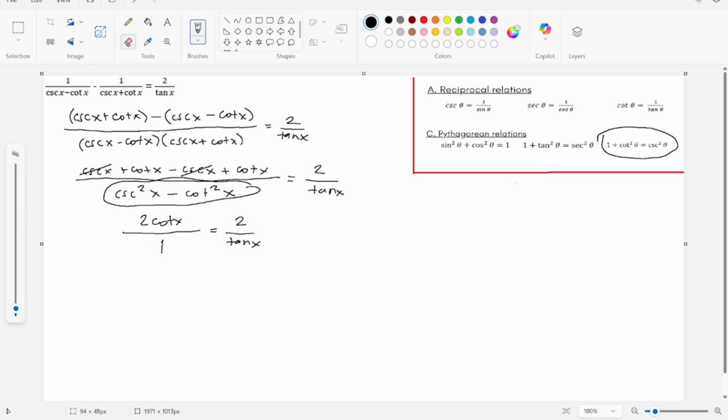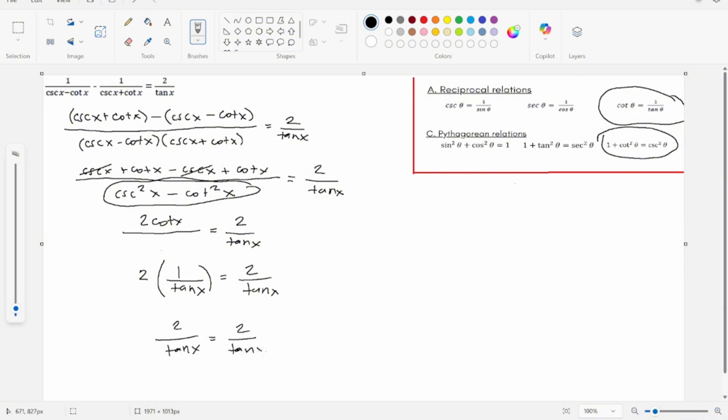So, we can simplify this by removing the denominator kasi 1 naman na siya. So, according to reciprocal relations naman, we know that cotangent x is already equal to 1 over tangent x. So, yung cotangent x magiging 1 over tangent x. And then the expression will be simplified to 2 over tangent x. So, as you can see, na-prove na natin yung identity.